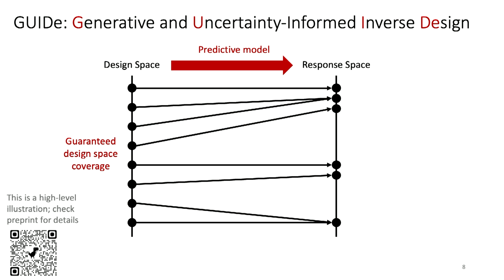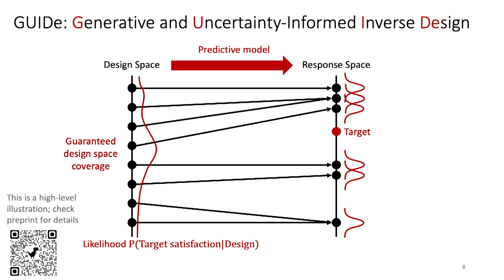After we train, more importantly, we also allow this predictive model to have uncertainty quantification capability, so that when you have a target, you can derive the likelihood of any design in the design space satisfying this target. So it basically computes a probability of target satisfaction.